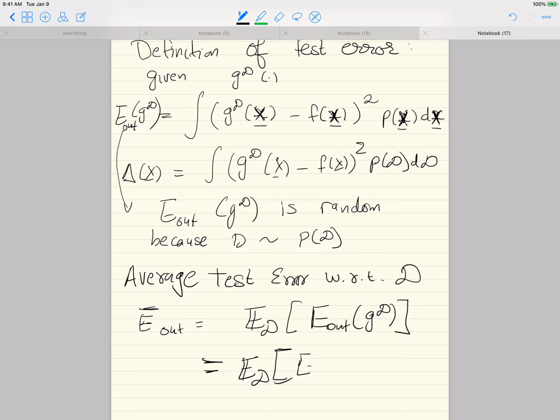So it's E over X of the bias plus E over X of the variance of X. So the average test error that we are interested in is obtained by taking the bias of X and taking the expectation with respect to X, plus the variance of X and taking the expectation with respect to X. So it still works out when you add the expectation with respect to X.